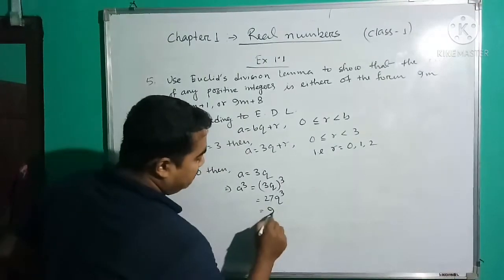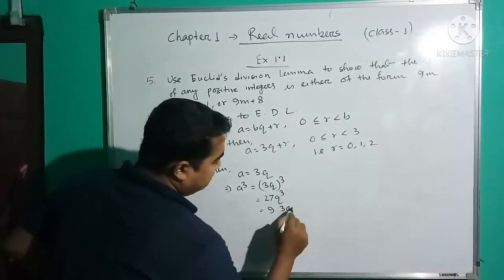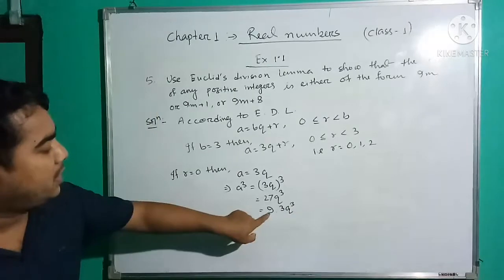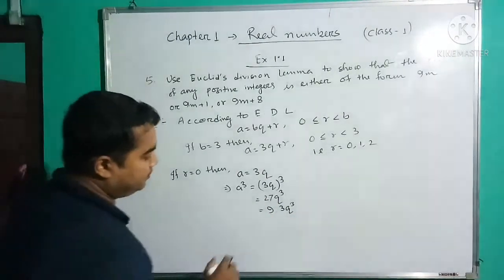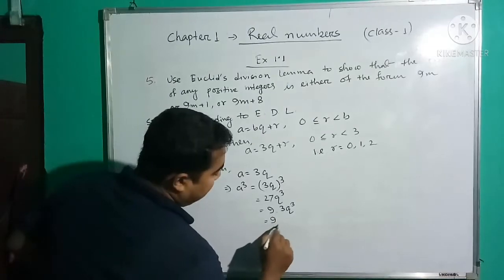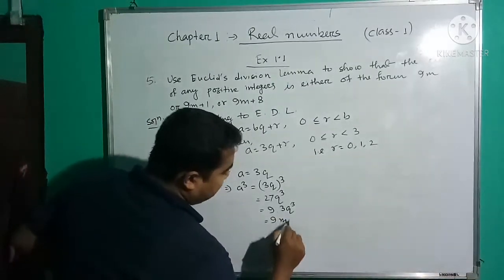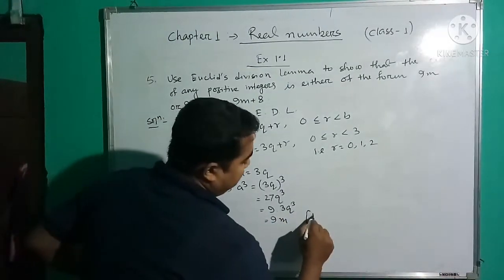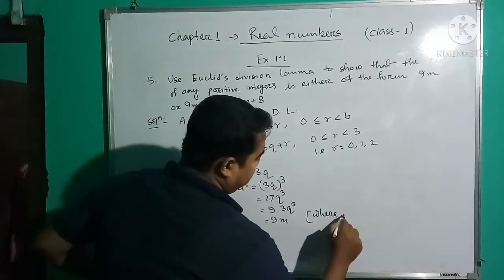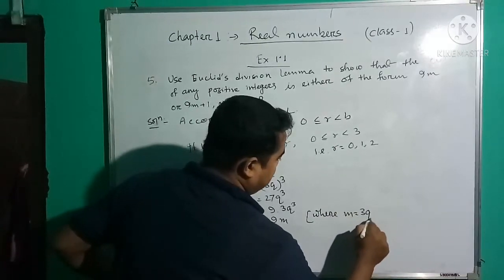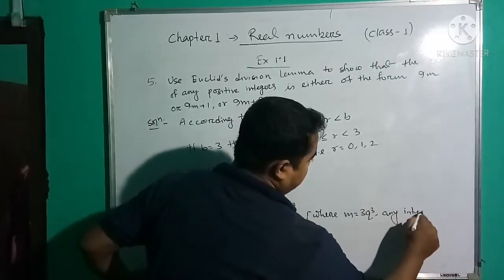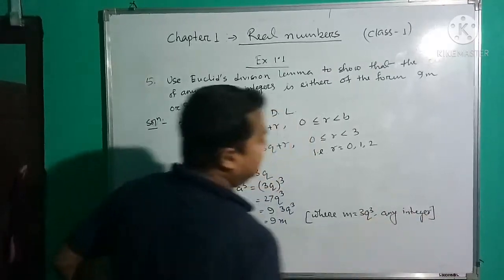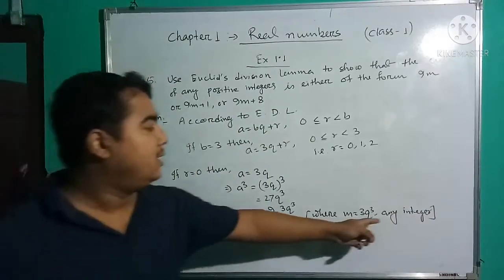So 9 into 3q cube. See, 9 threes are 27 q cube. Same answer. Then write 9 into 3q cube, meaning m, where m equal 3q cube, any integer, where m is any integer.